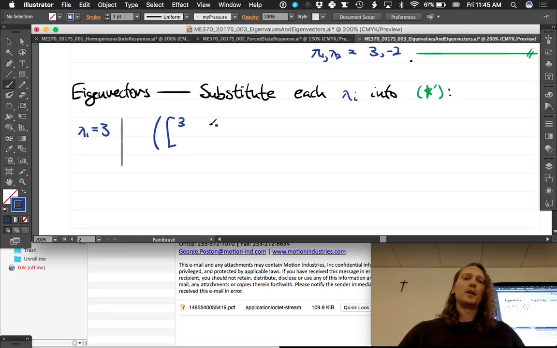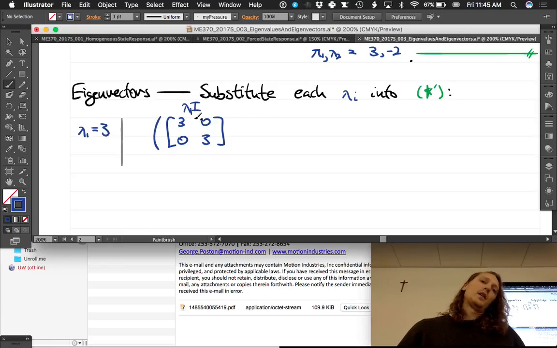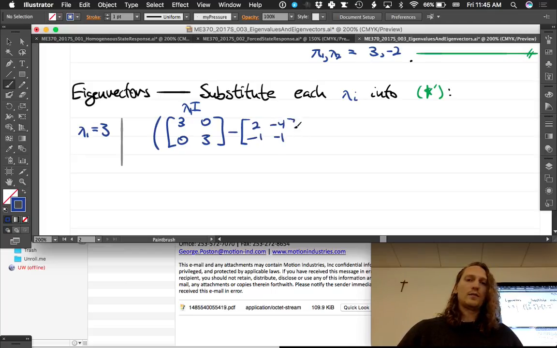Lambda 1 is 3, 0, 0, 3. So that's just lambda 1 I, minus the A matrix, which is our original A matrix, which was 2, -4, -1, -1.